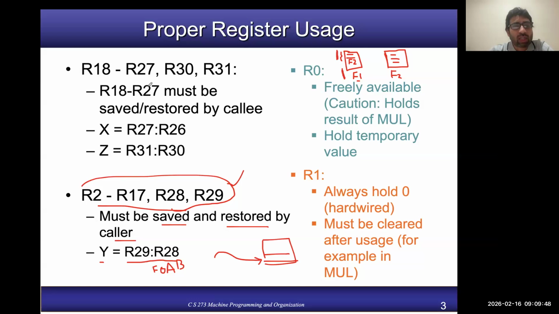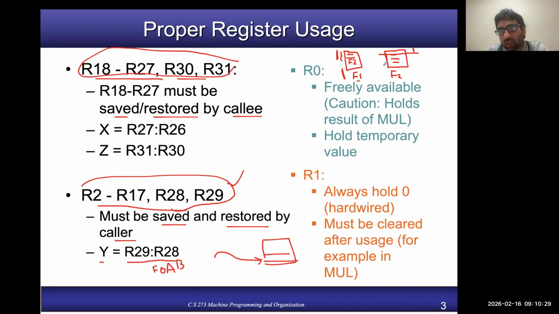Registers R18 to R27 and R30 and R31 must be saved and restored by the callee. Which means that if you are the person writing the code of all these functions, F1, F2, and you know when you are writing the code of F2 that you are going to use any of these registers in the body of the function, then first, before actually performing the operation of function F2, you will have a part of the code responsible for storing any of the registers which you are using in the body, right?